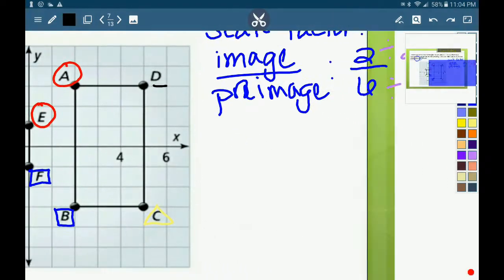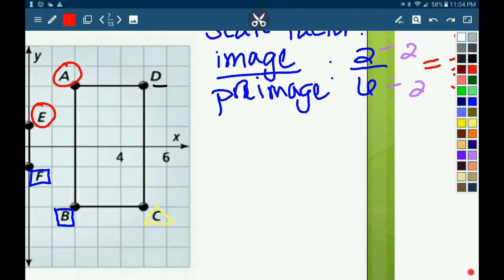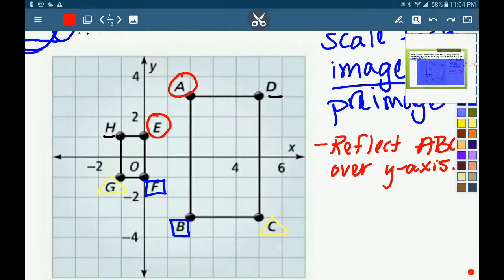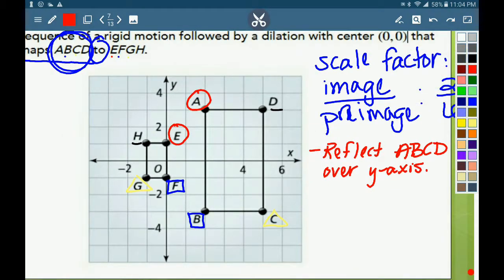Okay, so that's going to be my first movement. Reflect A, B, C, D over the y-axis. Okay, now let's actually do that so that we can see what else we would have to do to get A, B, C, D to land on top of E, F, G, H.